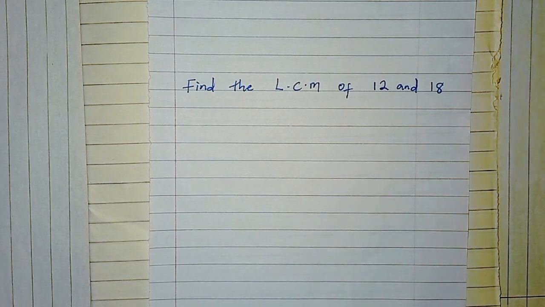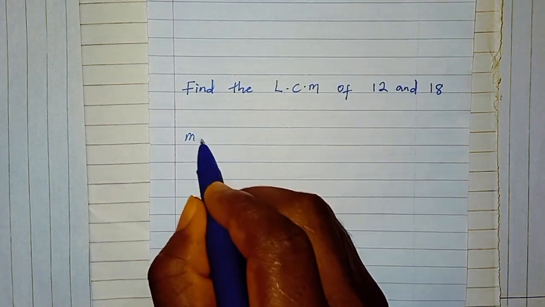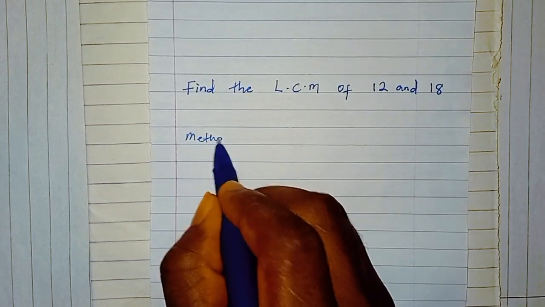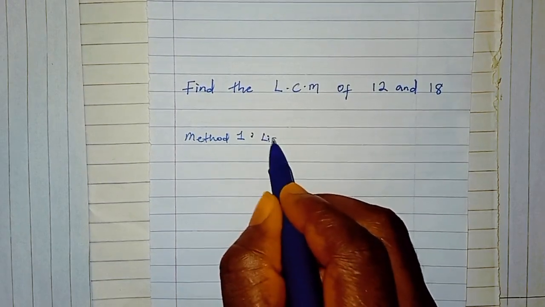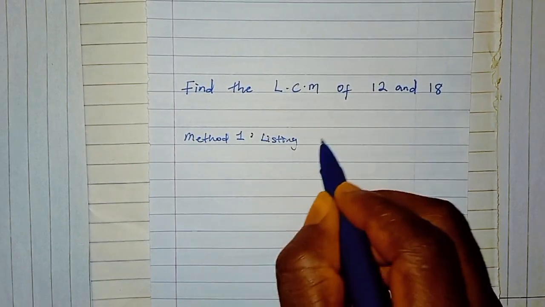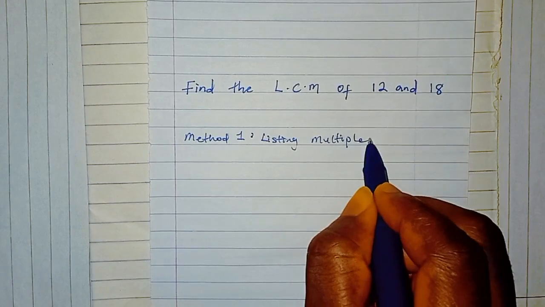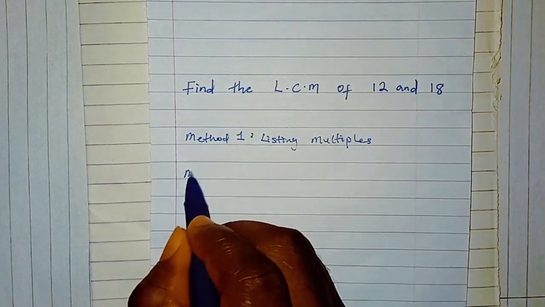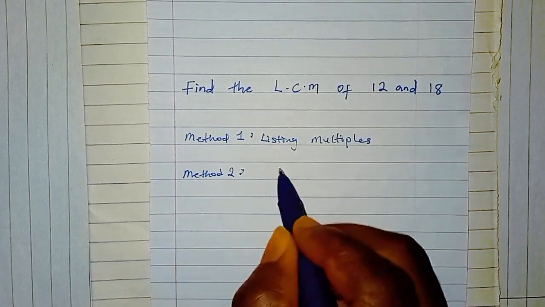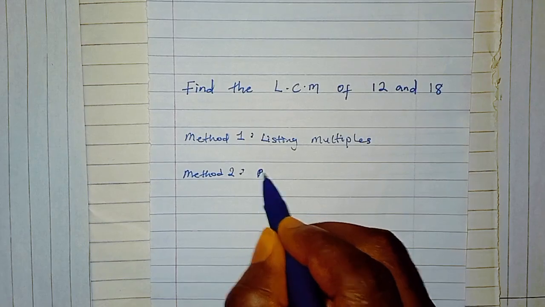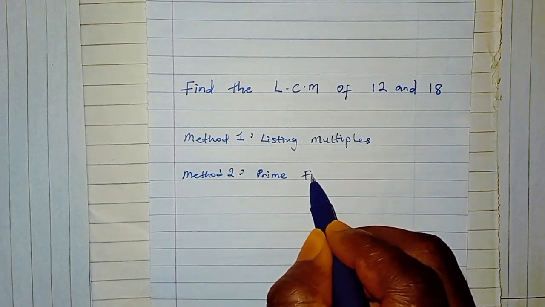And the first method is the multiples. That's method 1. While method 2 is going to be by prime factorization.